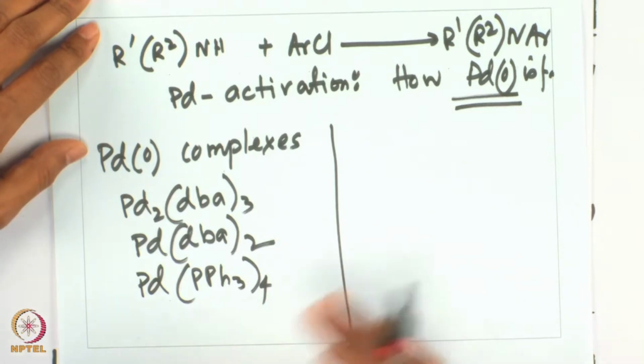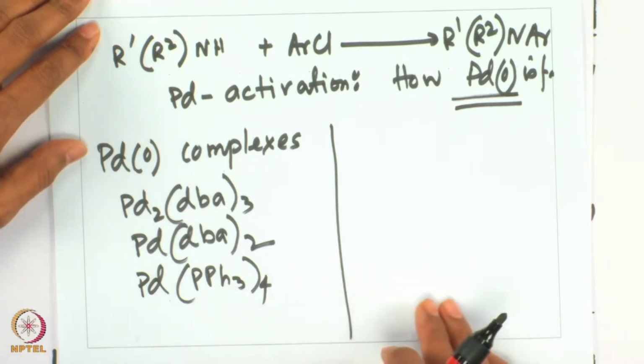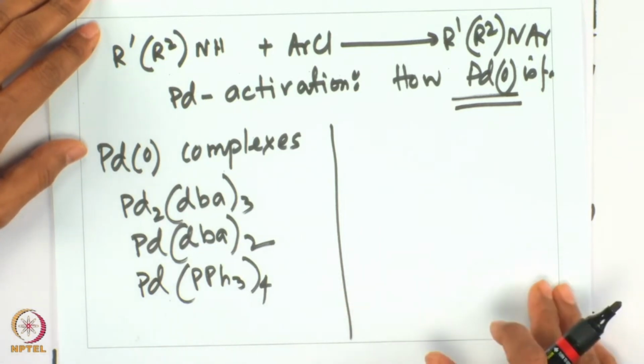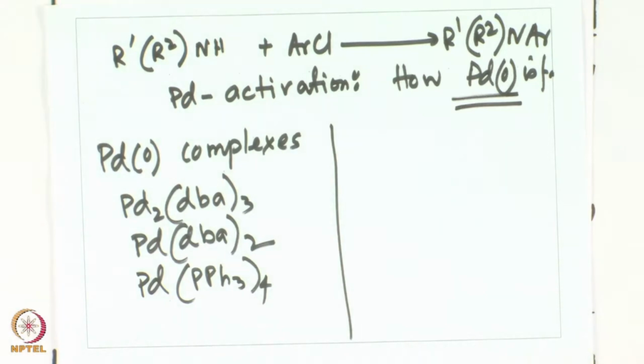Additionally, the residual ligands, for example DBA or triphenyl phosphine, can bind to the palladium 0 and therefore inhibit its reactivity. So, although palladium 0 is commercially available, such as palladium 2 DBA3, palladium DBA2 and palladium tetrakis, in order to stabilize them we have to pay a high price.